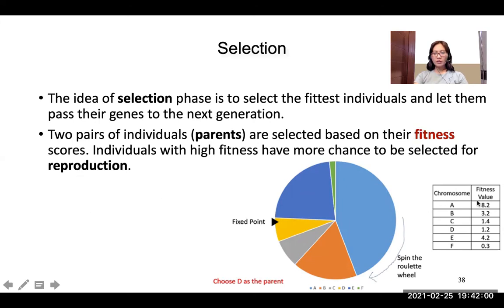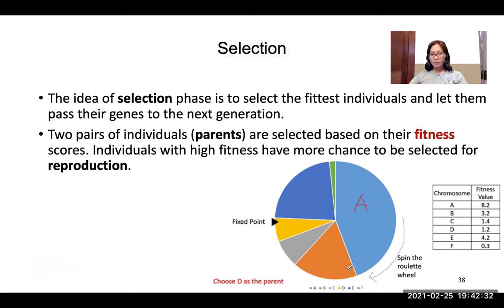Instead of just sorting the parents based on the fitness value, we still use, remember, the random principle. So we assign a fixed point here, and then we assign the biggest part of the wheel to the chromosome with the highest fitness value.